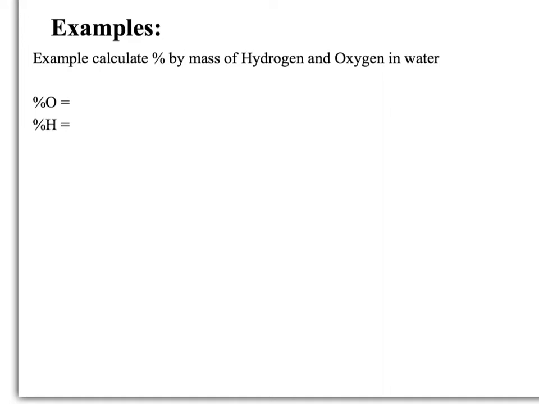So the first example we're going to do is find the percent by mass of hydrogen and oxygen in water. So what's the formula of water? H2O. Okay. So the thing I always do is it's kind of like molar mass. When we find the molar mass, go ahead and find the mass of each one.